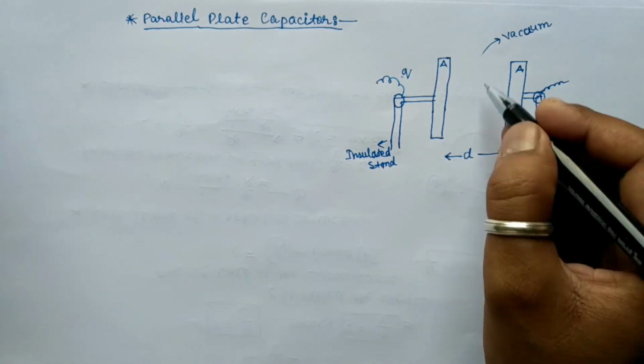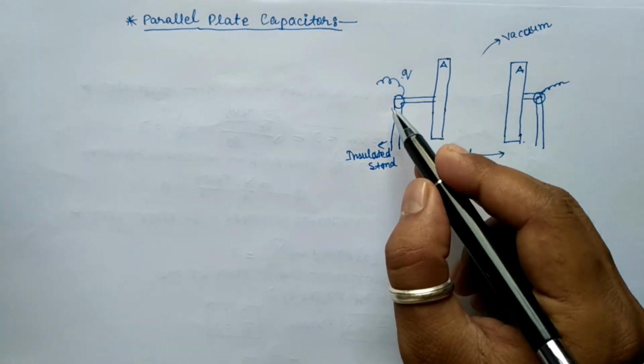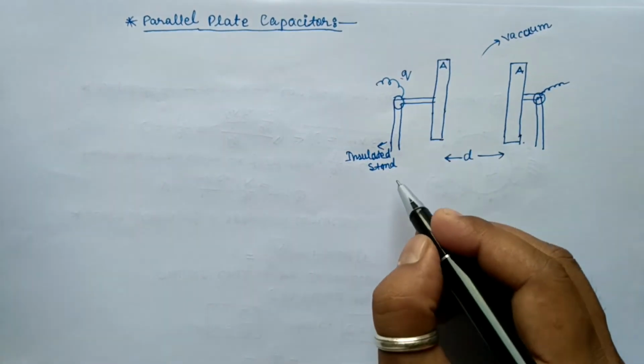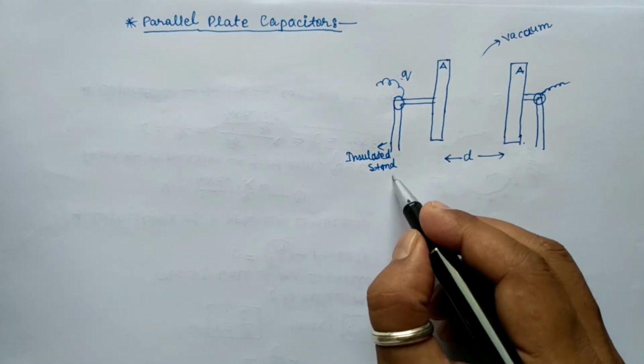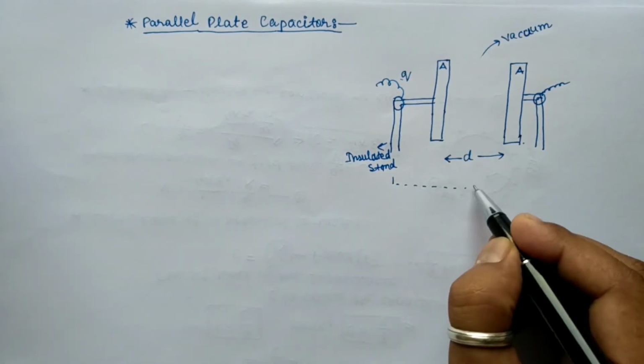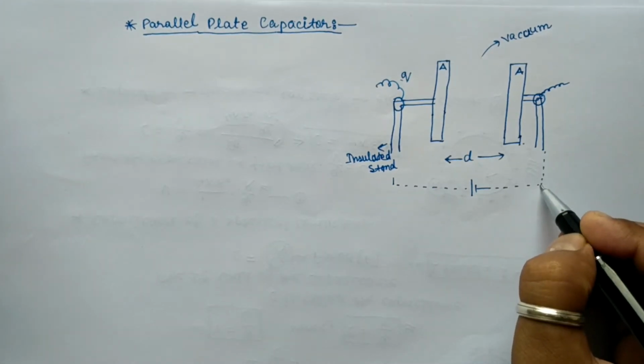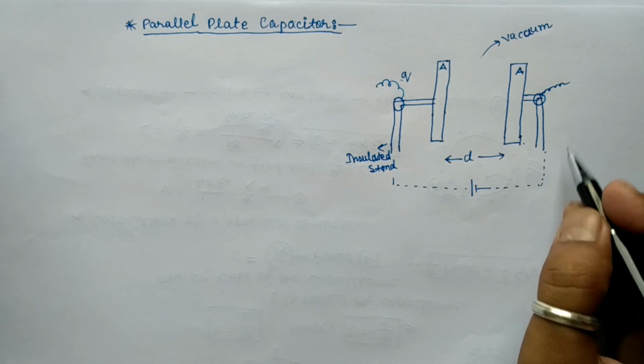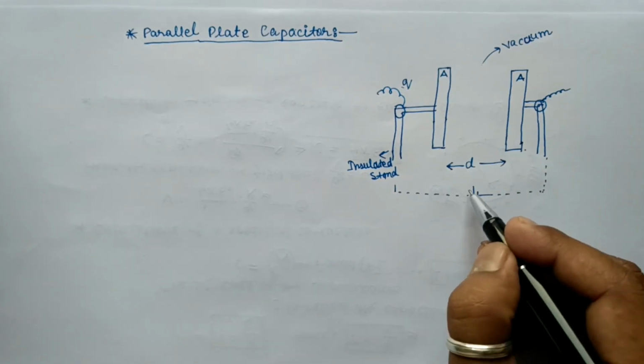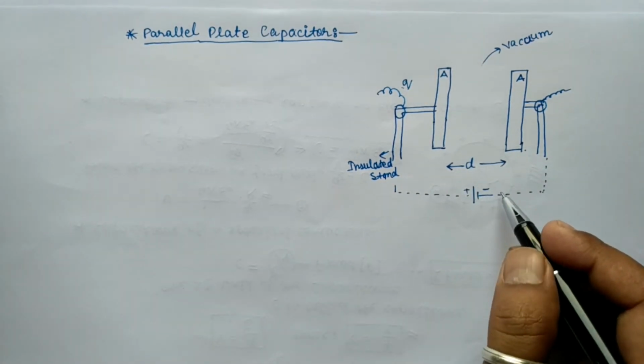This can be done either by connecting one plate to the positive terminal like this, and the other with negative plate of battery, positive and negative.